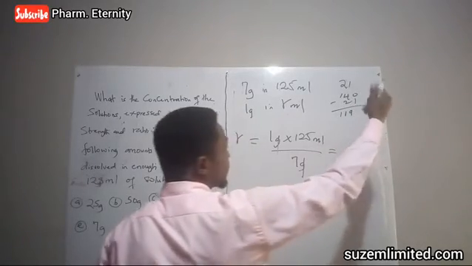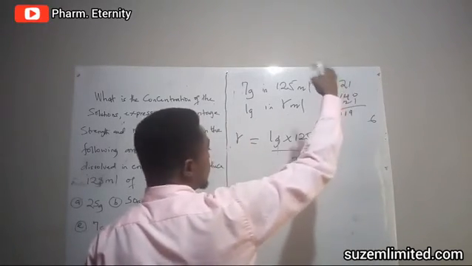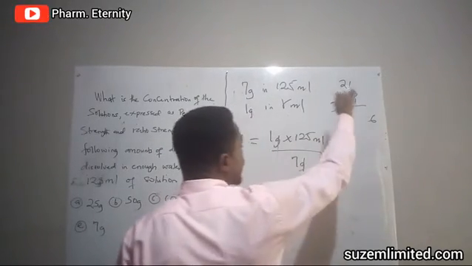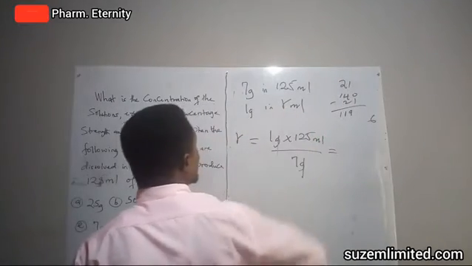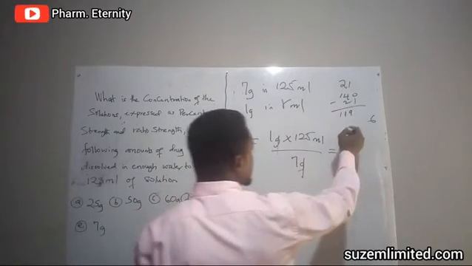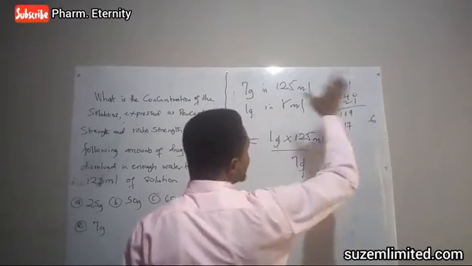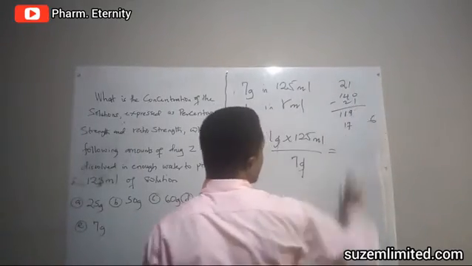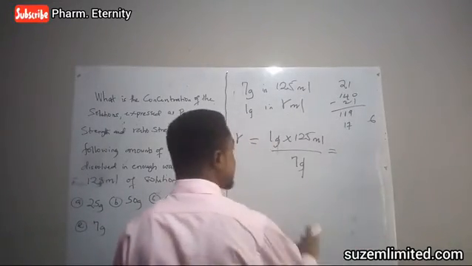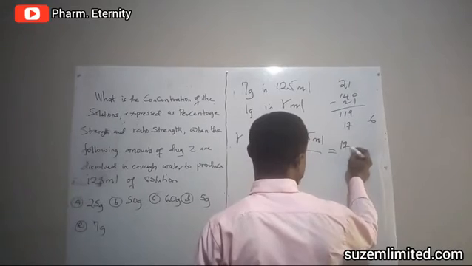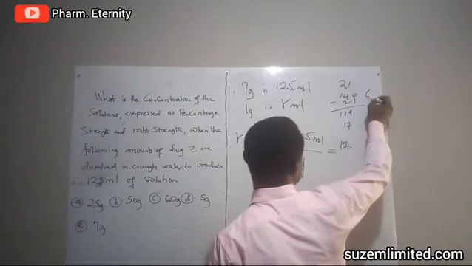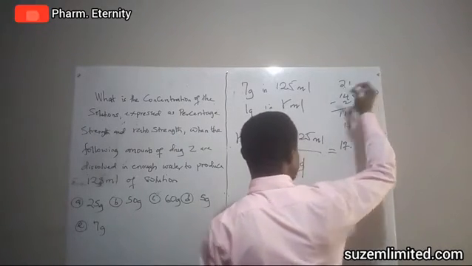So if 3 sevens are in 21, and 20 sevens are 140, we remove 3 from 20, it gives us 17. So 17 sevens will give us 119, remember 6. So 6, you put a point and add 0.